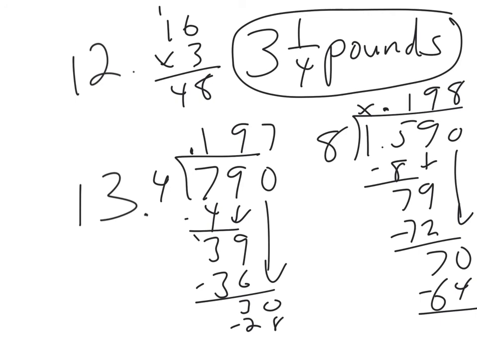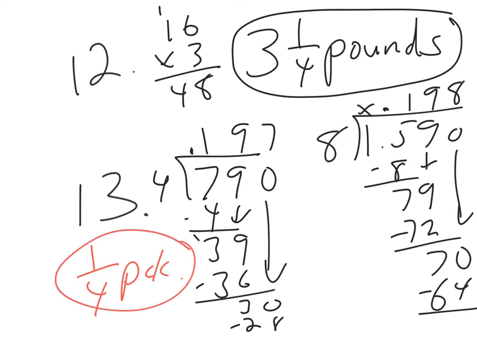Even though it's really close, the 1/4 pound package is cheaper per ounce by 1/10 of a penny. Super close, but I'm going to answer the 1/4 pound package is the smaller amount.